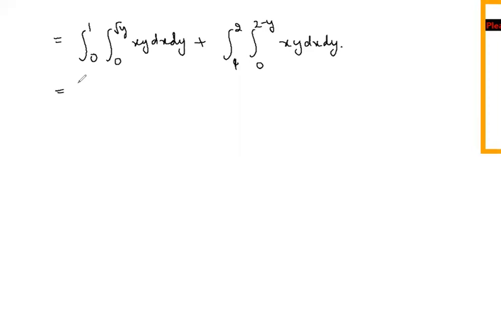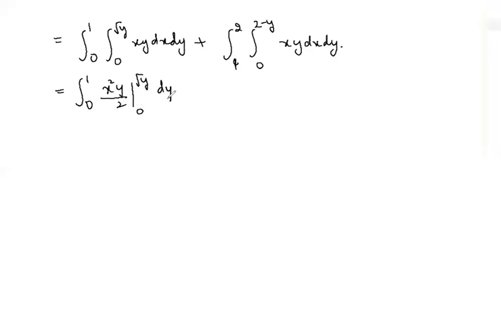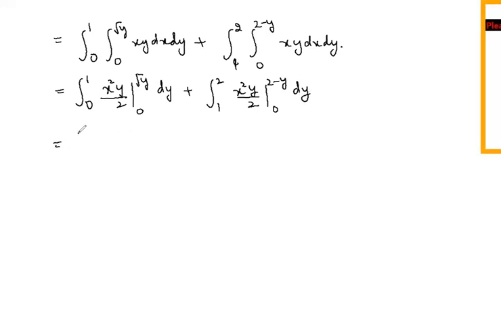So this is equal to, now you solve this. The first one we solved like this: x square y upon 2, 0 to root y, dy. And the same way here, 1 to 2, it is x square y upon 2 from 0 to 2 minus y dy, and then just solve it.